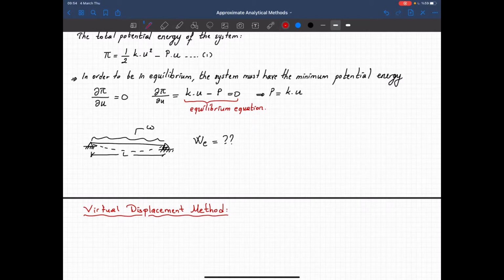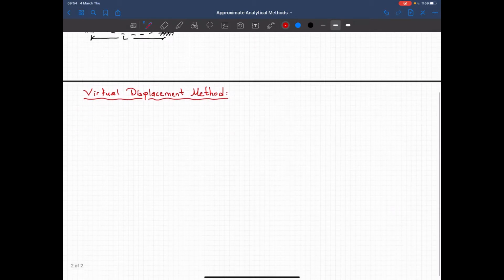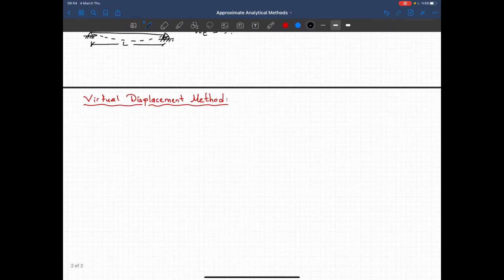provided that it satisfies the boundary conditions. And at the end of the day, even if with this virtual displacement, even if it doesn't match the exact displacement, I will get the solution. Okay, so let's take a look at it. Now I'll draw the same figure now.